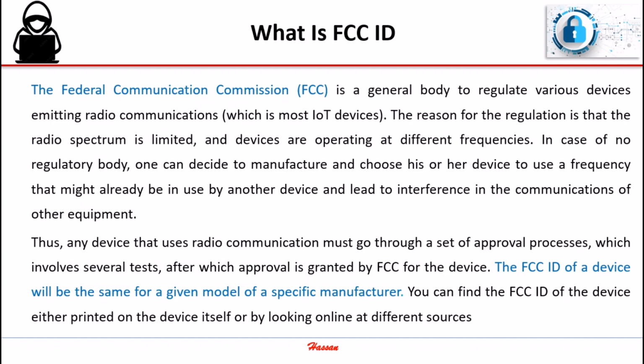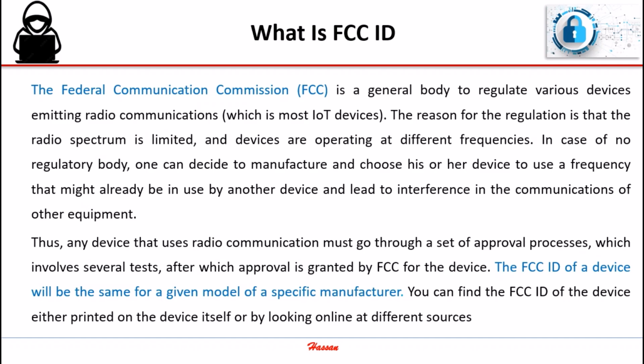In case of no regulatory body, one can decide to manufacture and choose his or her device to use a frequency that might already be in use by another device and lead to interference in the communications of other equipment. Thus, any device that uses radio communication must go through a set of approval processes, which involves several tests, after which approval is granted by the FCC for the device.